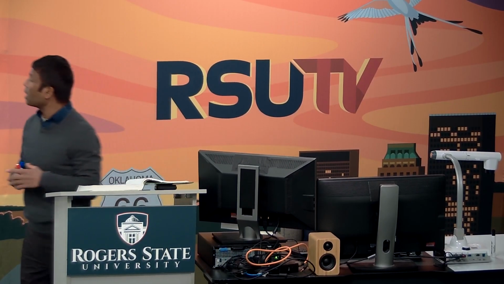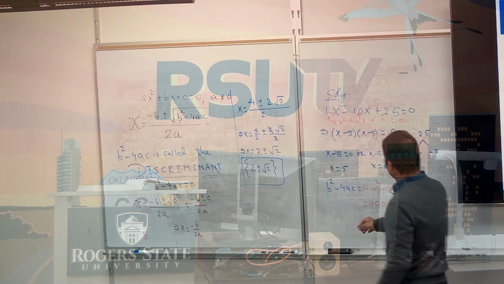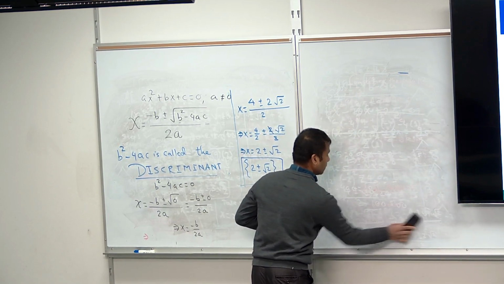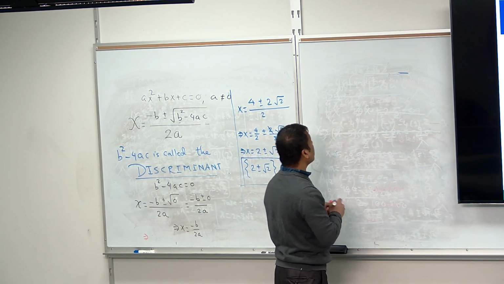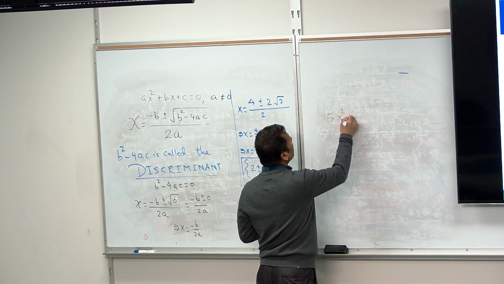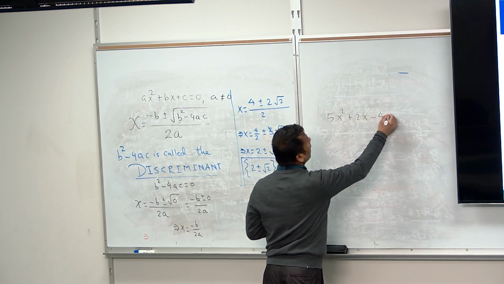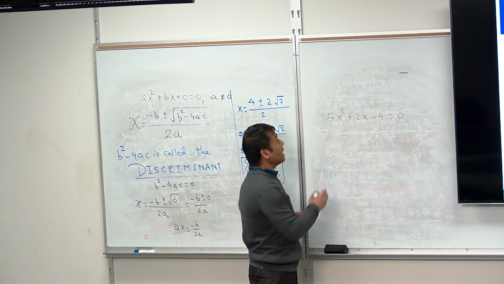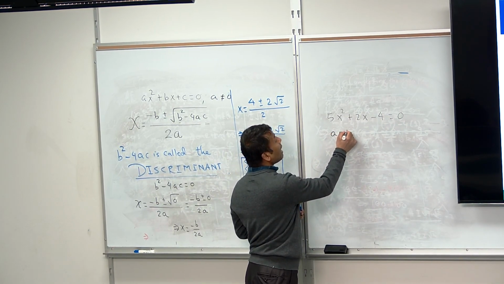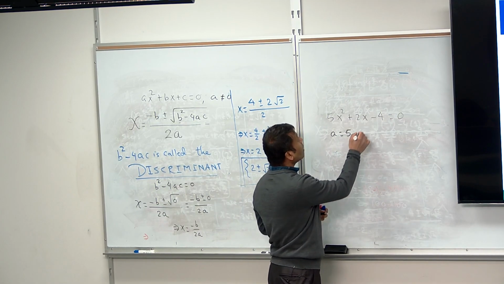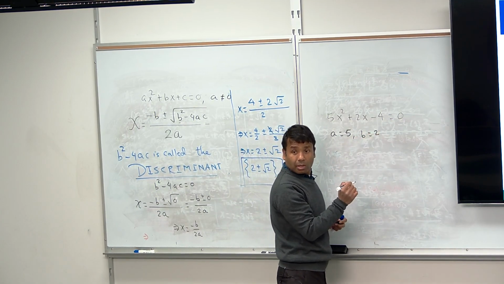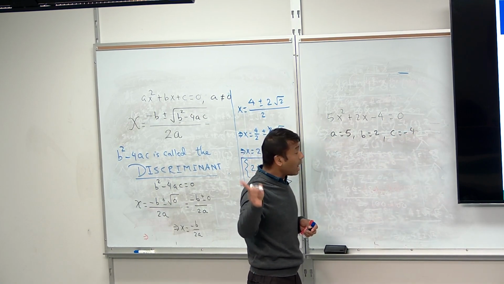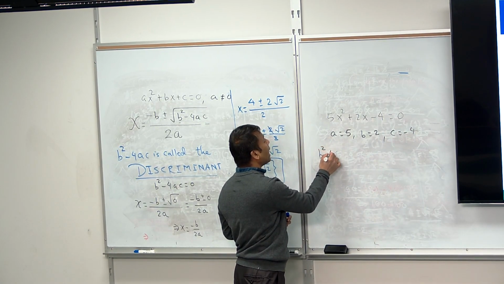Like, let's say 5x square plus 2x minus 4 equal to 0. Let's find the discriminant. What is the value of a? 5. What is the value of b? 2. What is the value of c? Negative 4.